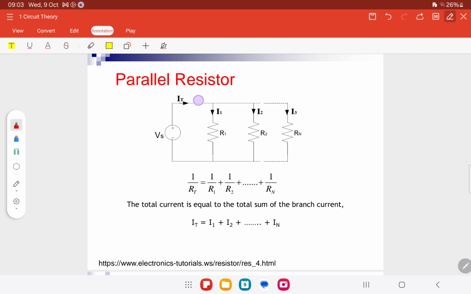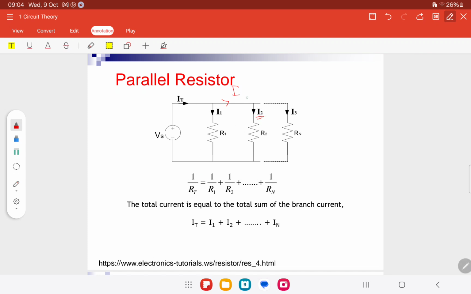I total here, so sini, sorry, bukan situ. Okay, so dia akan pecah to here and to yang bawah. Yang ni bukan I2. Ya tak? Sebab I2 is here. So ni bukan I2.